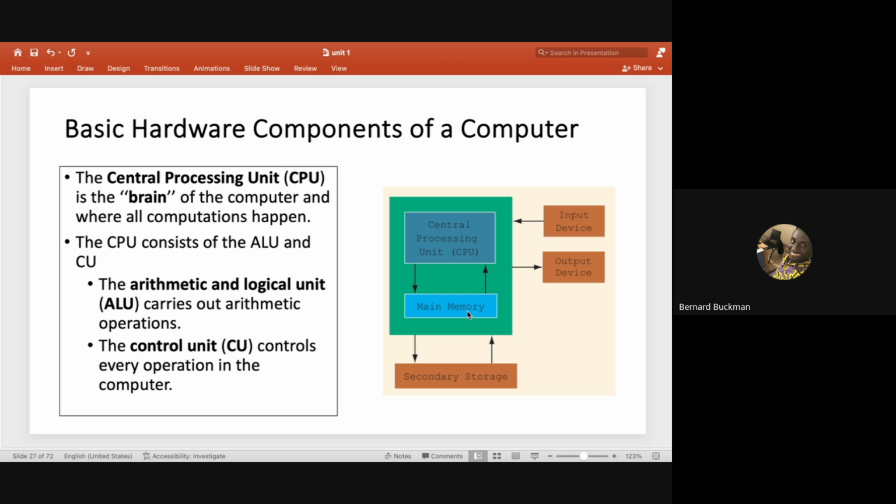So it needs the ALU to do the calculation. Then the CU, or the control unit, is what controls the entire computer: shutting down, switching on, letting inputs in, showing outputs, turning something on, turning something off, the camera, the speakers. All of those things are controlled by the control unit.